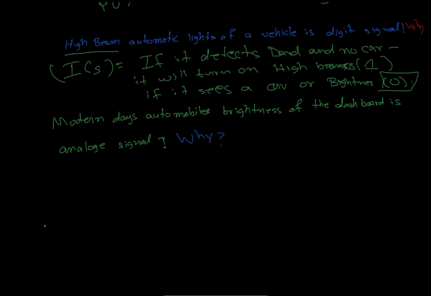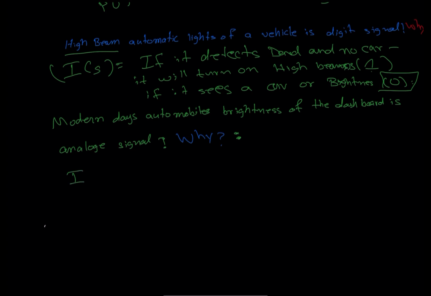Now it says the brightness of a dashboard in modern-day automobiles is an analog signal. Why? Analog signal, we said, can vary over time. That means in modern days the dashboard is analog. Why? Let's say I'm driving somewhere and the sun is facing me and I'm facing the sun. It is so disturbing sometimes that you can't see your dashboard.